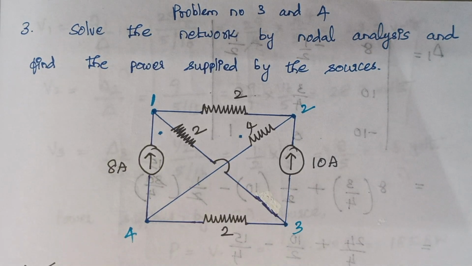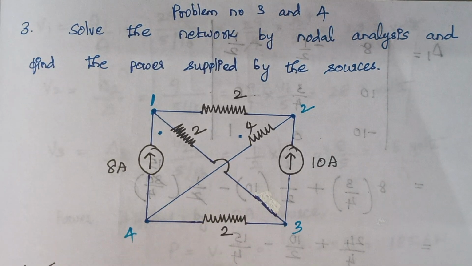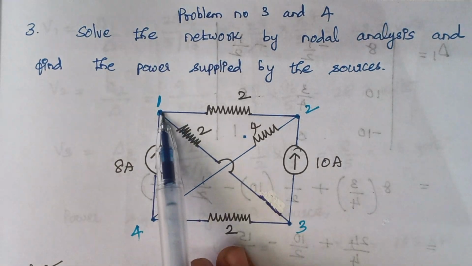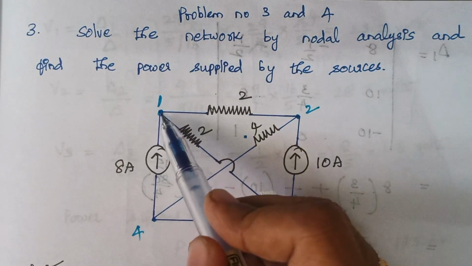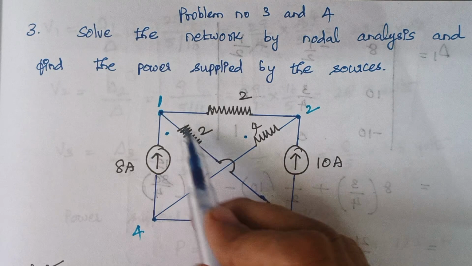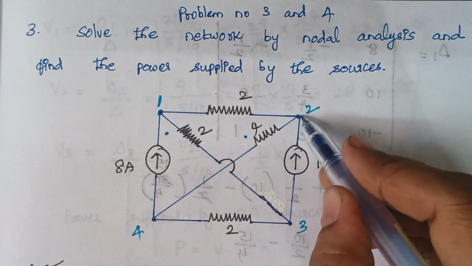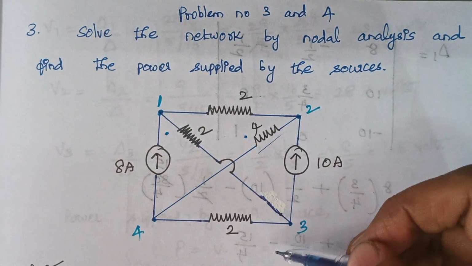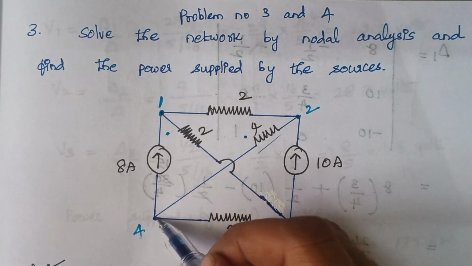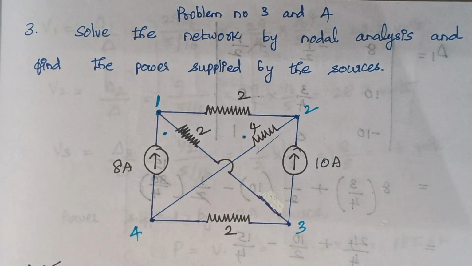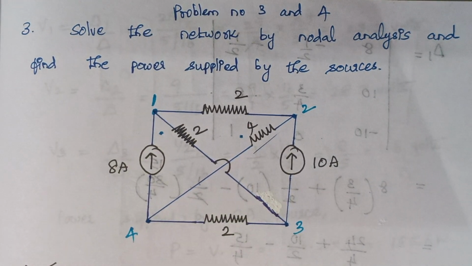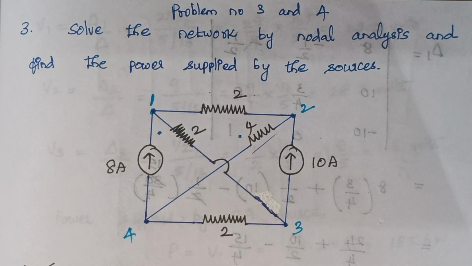So first we will start with numbering the nodes, right? So here we are having 4 nodes, that is 4 points. To this point these 3 elements are connected, and to this point again these 3. Similarly for this node as well as for this node. So in nodal analysis it is usual practice that we should always have a reference node.